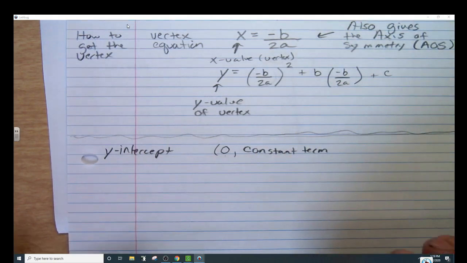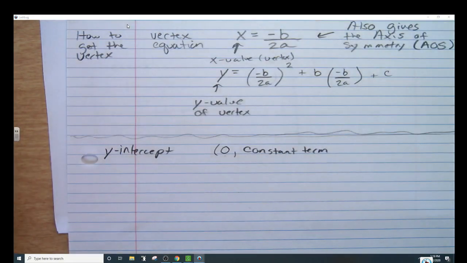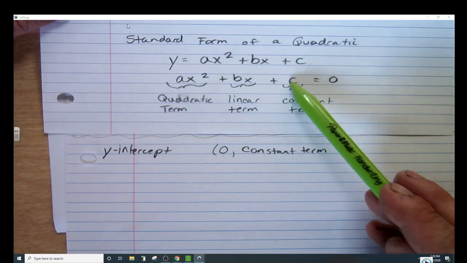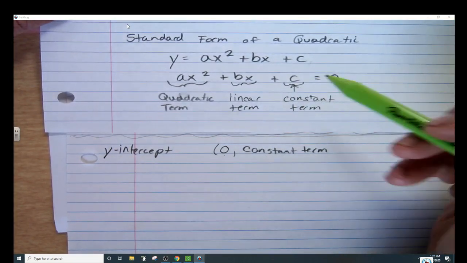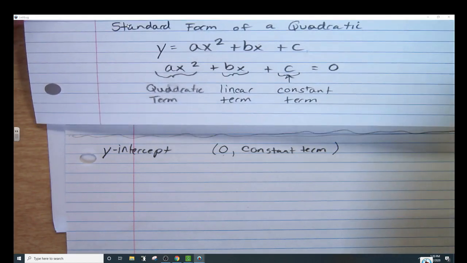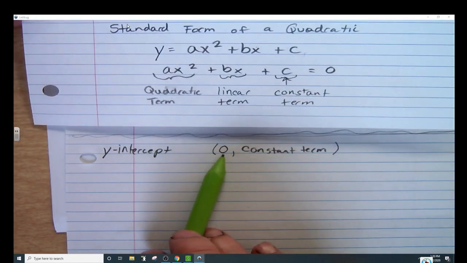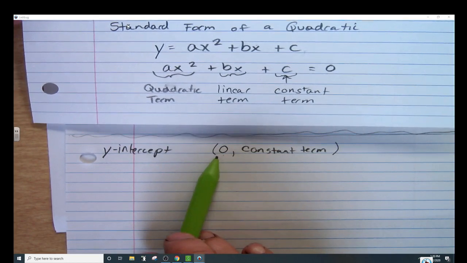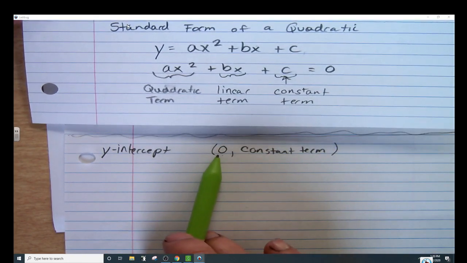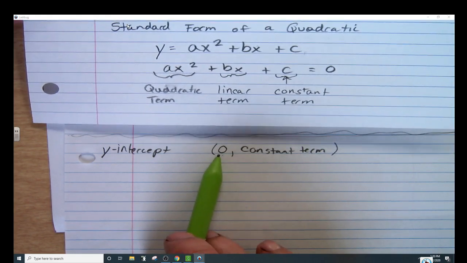Remember, your constant term is your c value. The c value and constant term are exactly the same thing. The reason x is 0 is that at the y-axis, where the y-intercept is, the x value is always 0. So it's always 0 and your constant term.